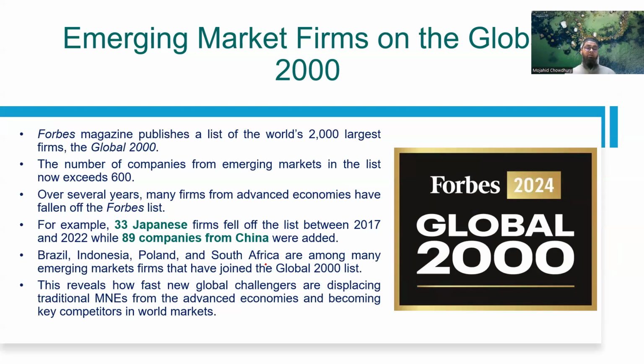And over the times, many firms from advanced economies have fallen off the Forbes list. For example, 33 Japanese companies fell off the list between 2017 and 2022.